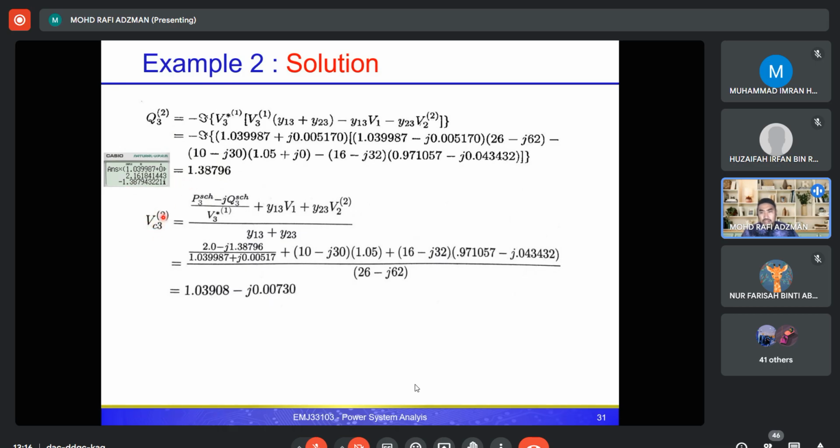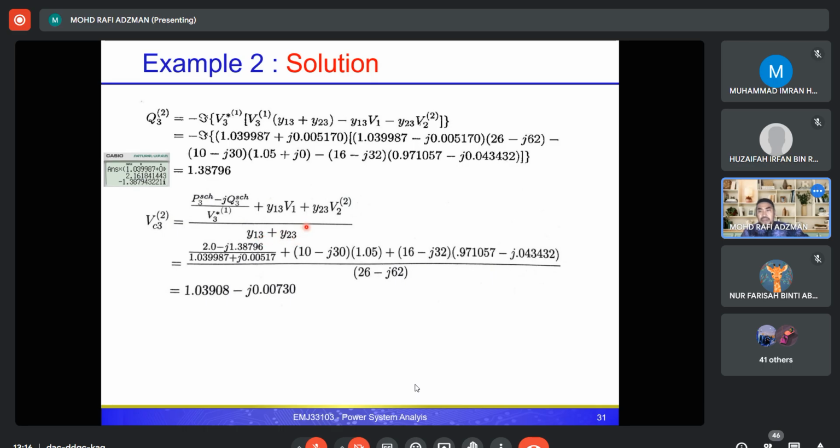So VC32, again, you use the power flow equation to find it. VC32 equal to PC schedule minus JQ3 schedule divided by V3 conjugate for the first iteration, plus Y13 times V1 plus Y23 V2 second iteration, because you already found it before, and divided by Y13 plus Y23.